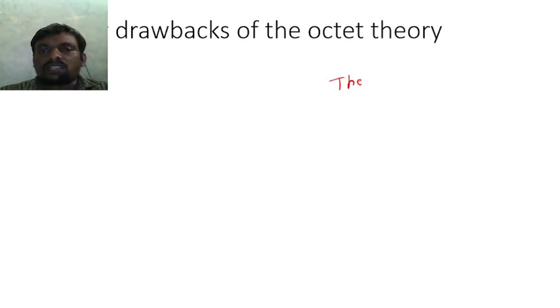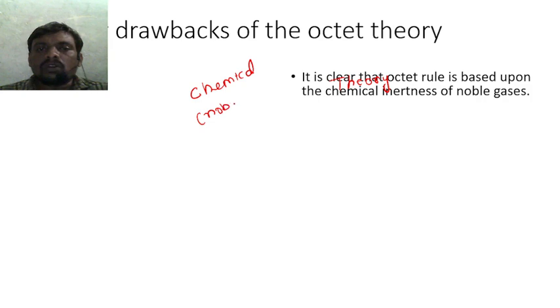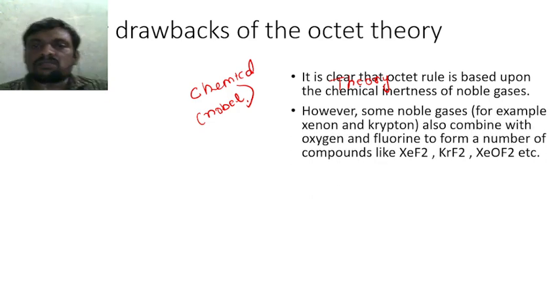What are the drawbacks of the octet theory? First, it is clear that the octet rule is based upon the chemical inertness of noble gases, the zero group elements. So the octet rule applies only with reference to noble gases.